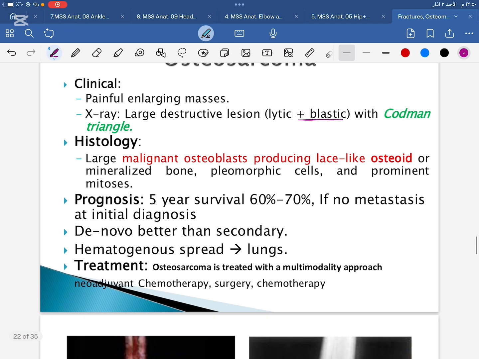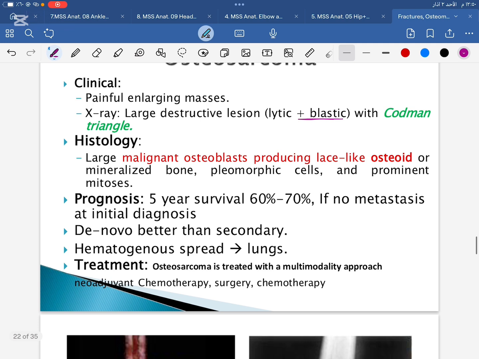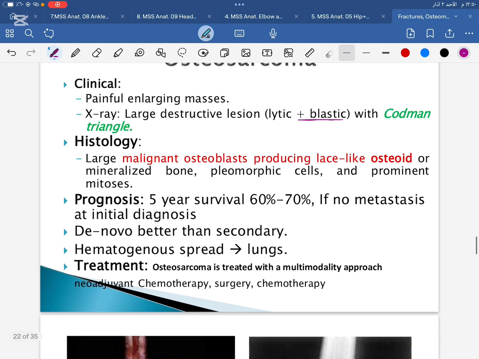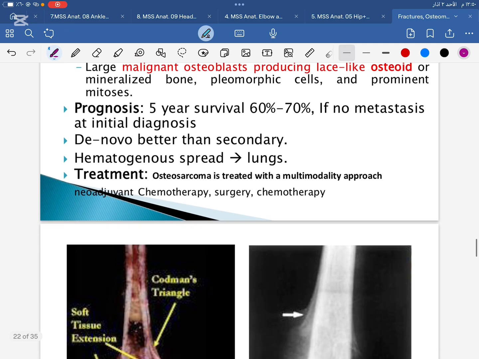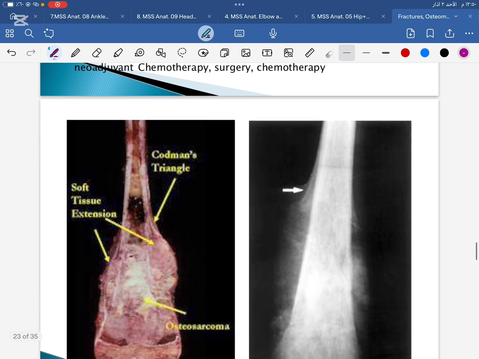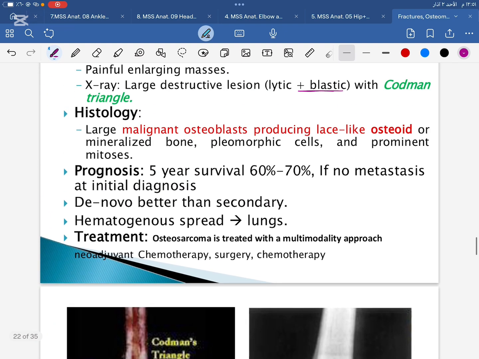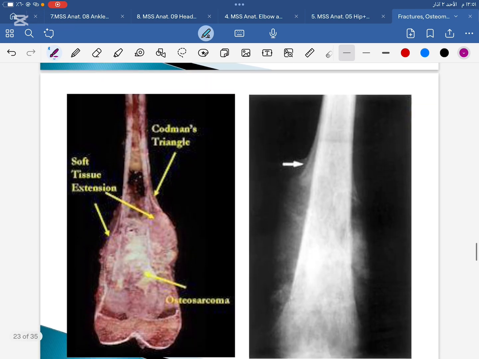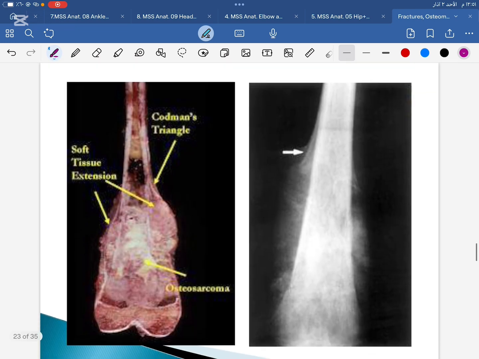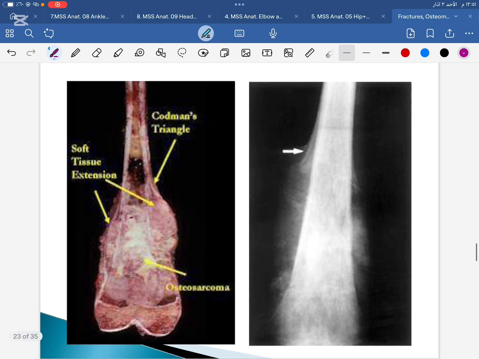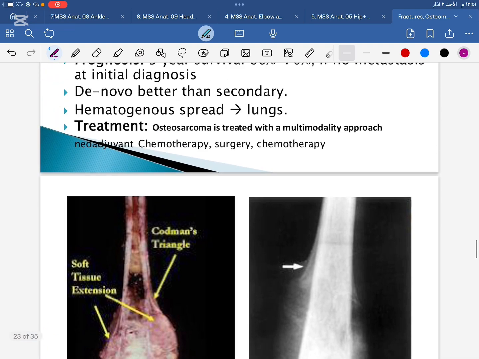Elevation of the periosteum due to the extension of osteosarcoma to the adjacent soft tissue. The elevation of the periosteum gives us a triangle seen with X-rays. We call it Codman triangle. Okay? Grossly here we have this metaphyseal bone lesion, osteosarcoma, with extension into soft tissue and elevation of the periosteum forming the Codman triangle.